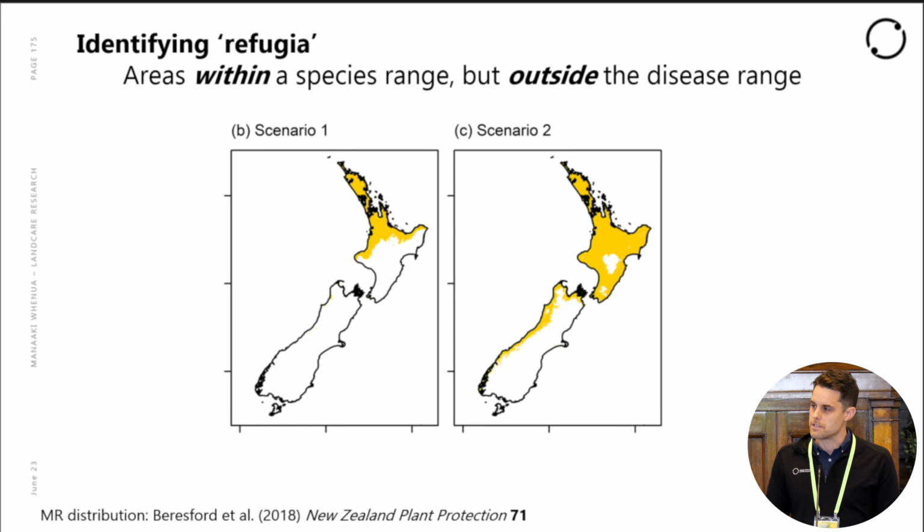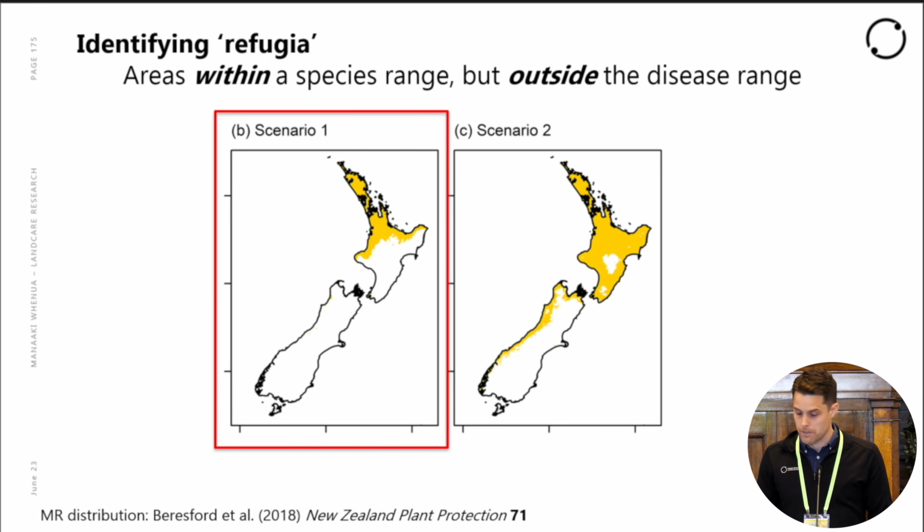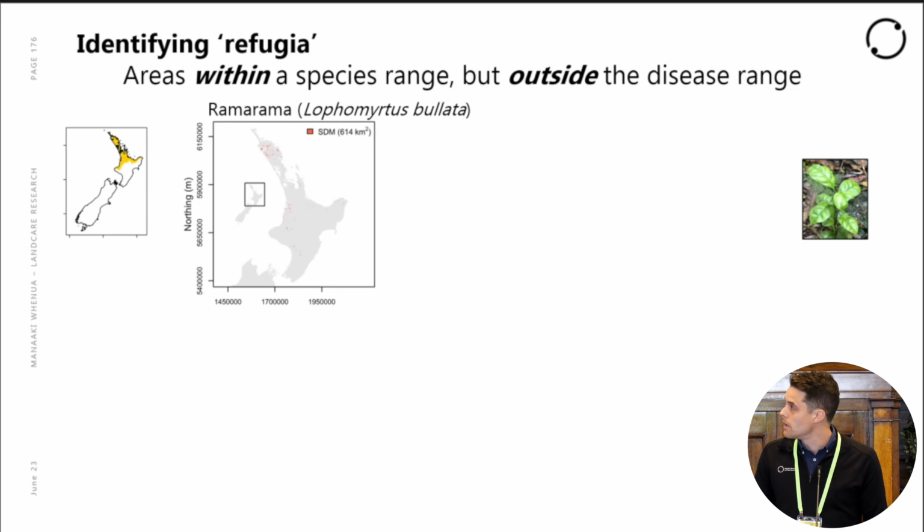So the results I'm presenting today will be from scenario one, which is probably the more optimistic of the two. But it probably captures a more core range of the disease where the effects are likely to be more severe. And these maps are based on the work by Rob Beresford and colleagues published in 2018. That's scenario one, the one we're presenting on.